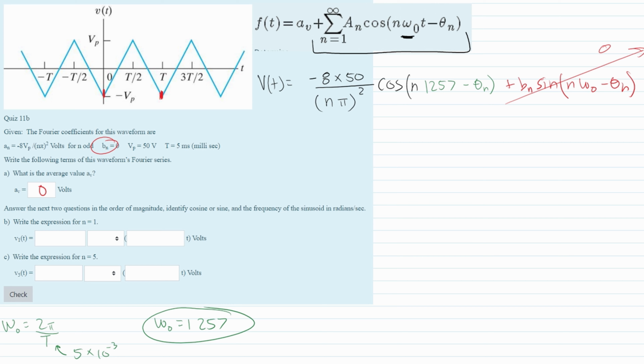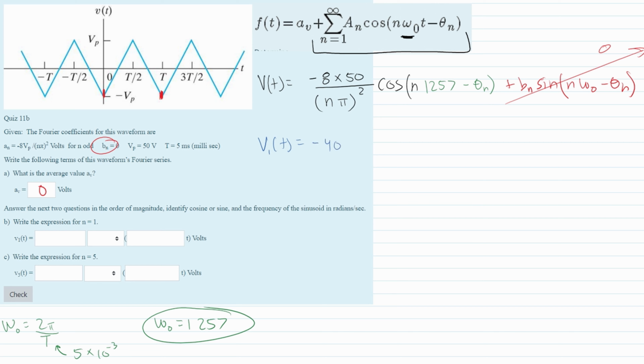Let's do n equals 1 first. So v1 of t is equal to, well, we are always going to have our -8 times 50, and then this is going to be divided by 1 times pi squared. After we do the first part, we get approximately -40.5.